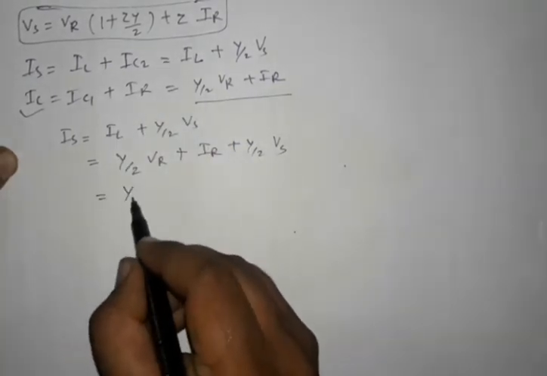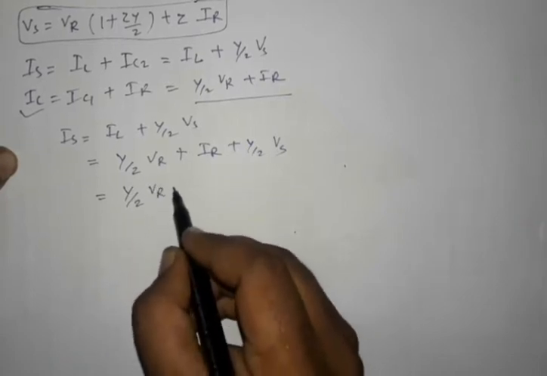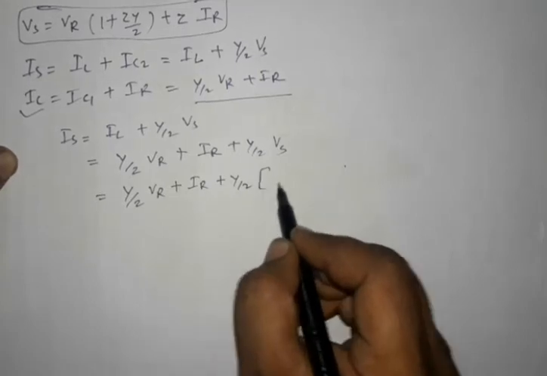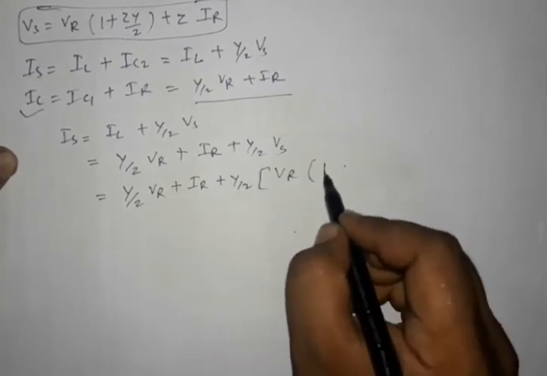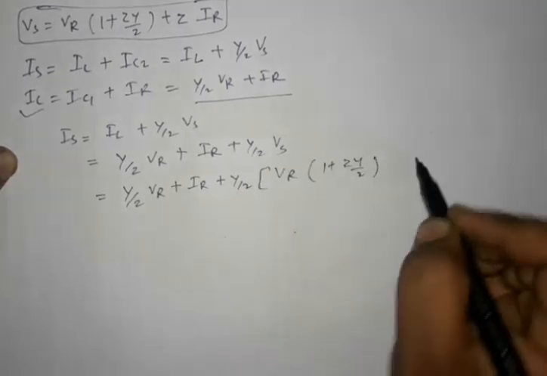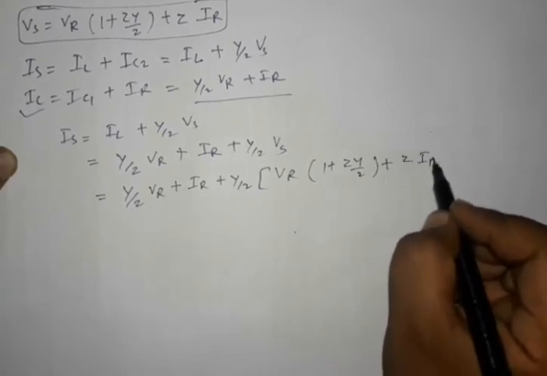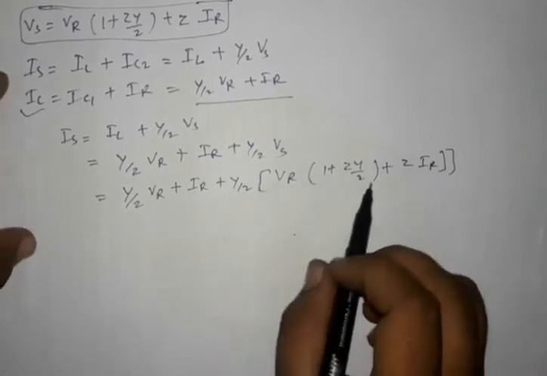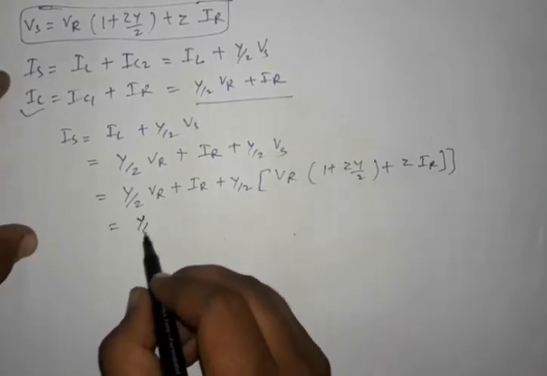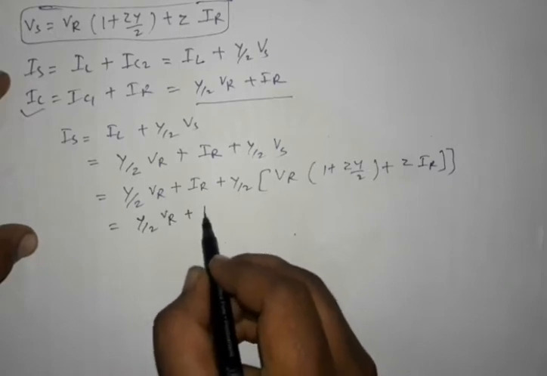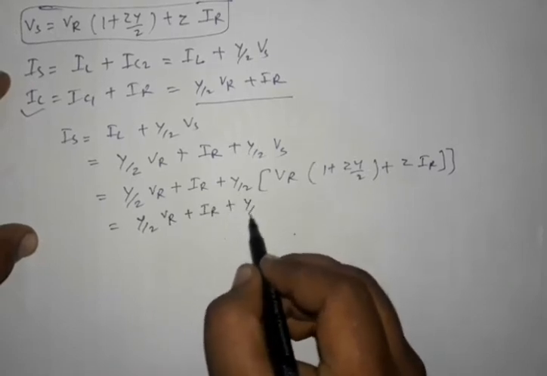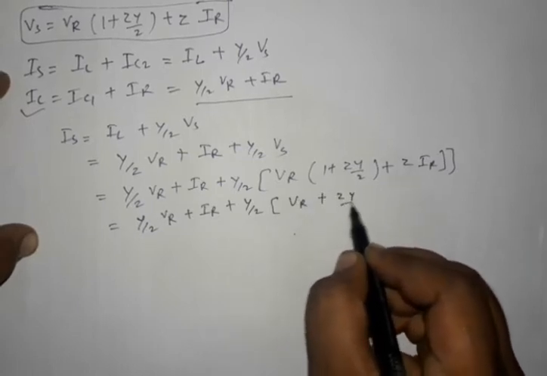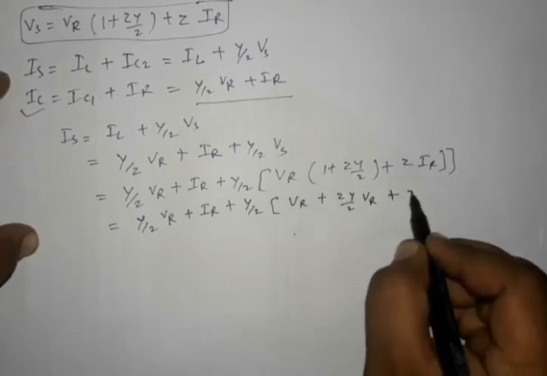So Y by 2 Vr plus IR plus Y by 2, now Vs is equal to Vr times 1 plus ZY by 2, plus Z IR. Now we first multiply with Vr. So Y by 2 Vr plus IR plus Y by 2 Vr plus ZY by 2 Vr plus Z IR.